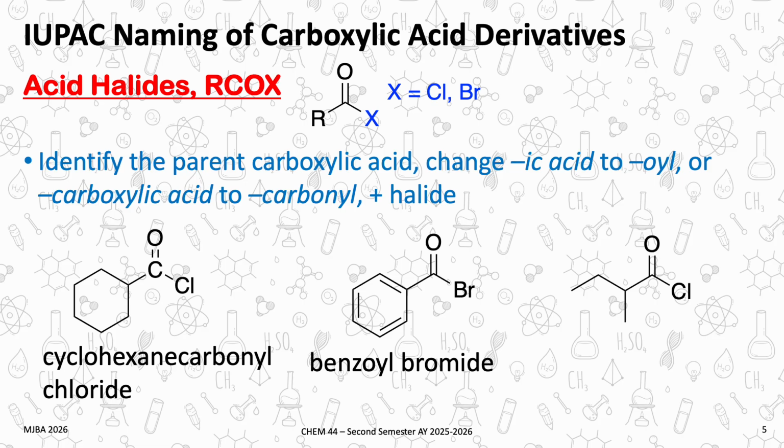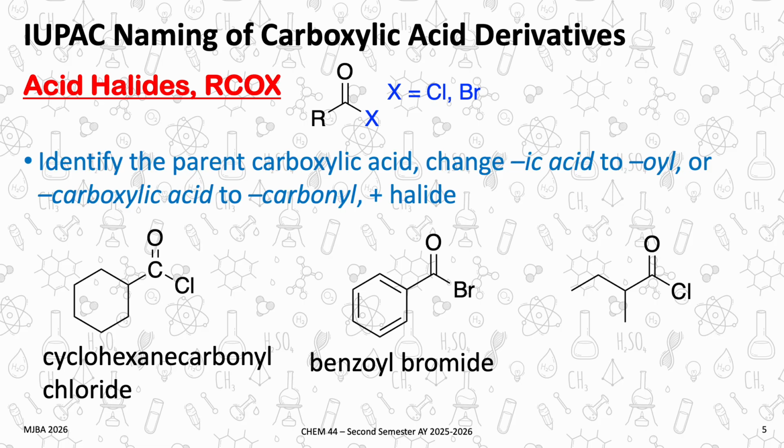This, if we're going to check the inclusion of the acyl group, that carbon would be carbon position 1. So we have 1, 2, 3, 4. So this is a 4 carbon chain with a methyl group on the second carbon. And a 4 carbon chain carboxylic acid is butanoic acid.